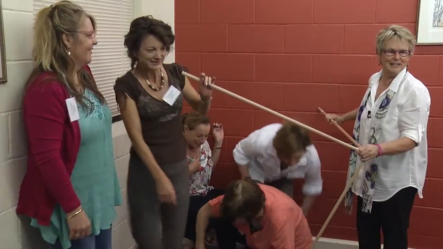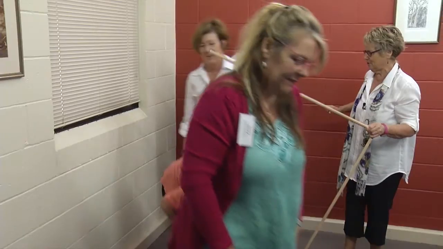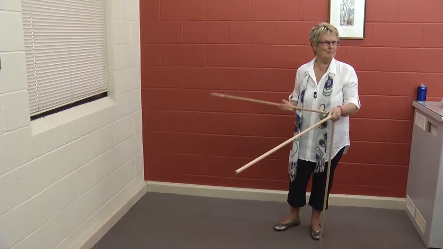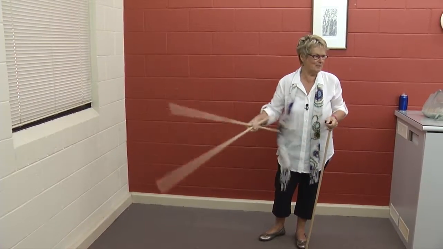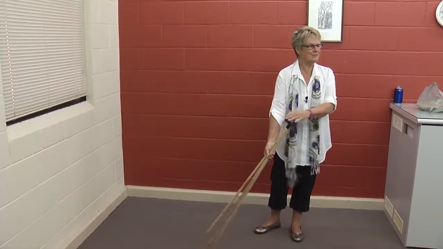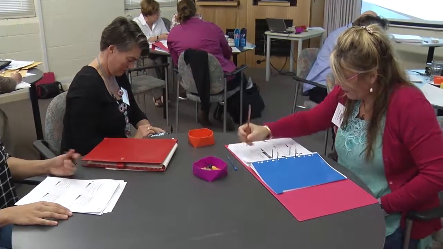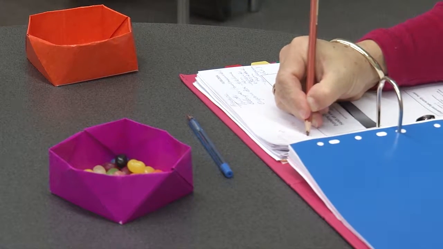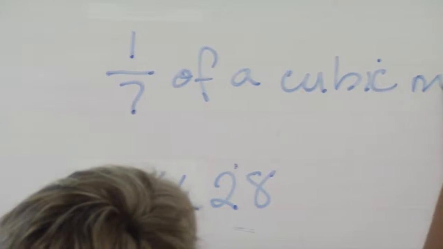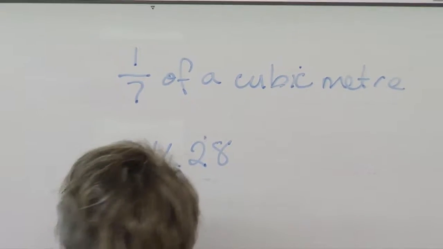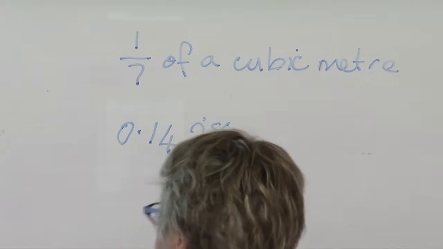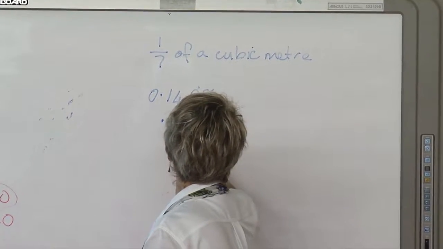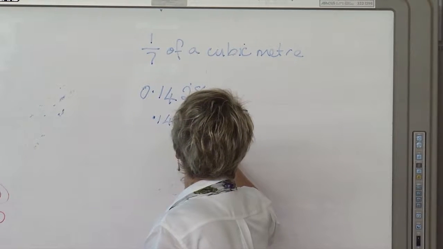So how are we going to find out the average volume in cubic metres? We've got 1 cubic metre and 7 people in it. What do we have to do? Divide by 7. So it's 1/7 of a cubic metre, which is 0.142, which is about 0.14 of a cubic metre.